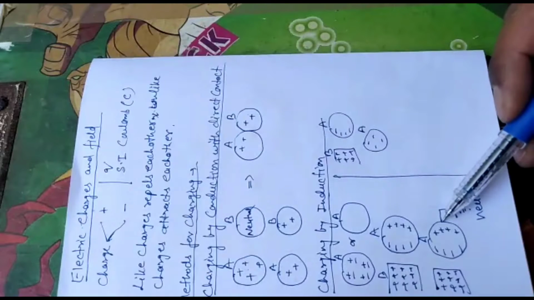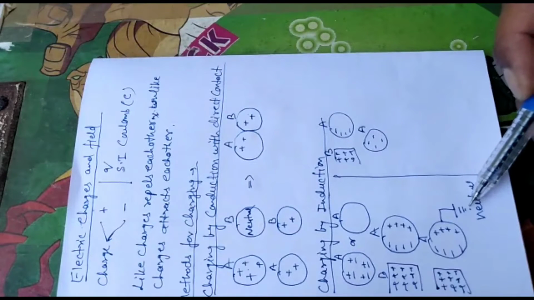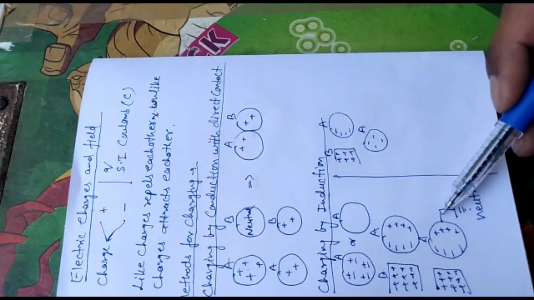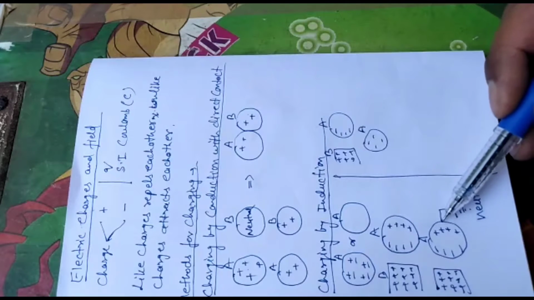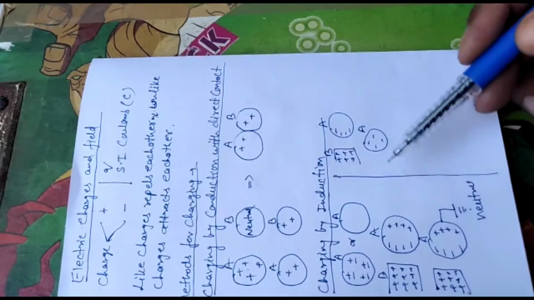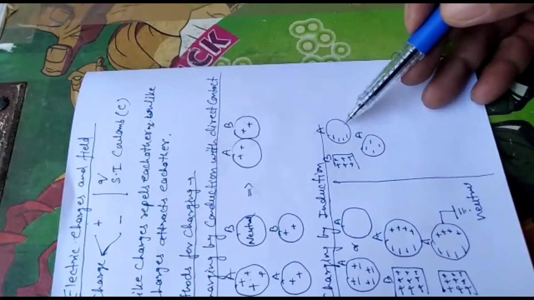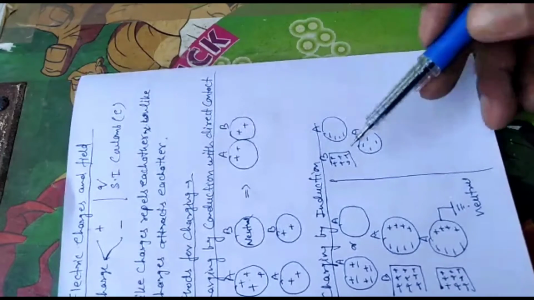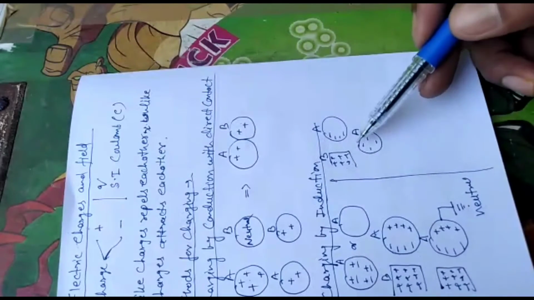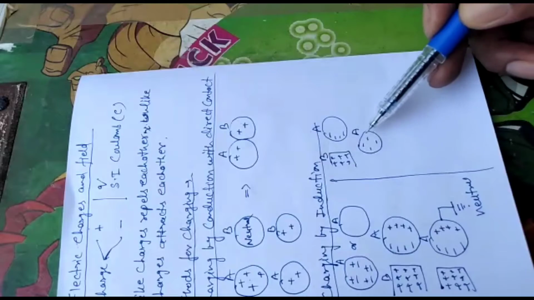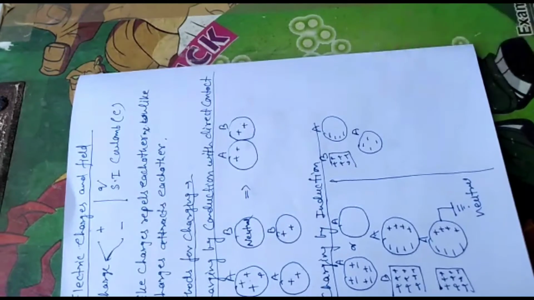Now, if you connect this to the earth, as we know that earth is neutral, the positive charge of this face moves to the earth and body A will become neutral from this side. Now, if you remove body B, you will find that body A is completely negatively charged.